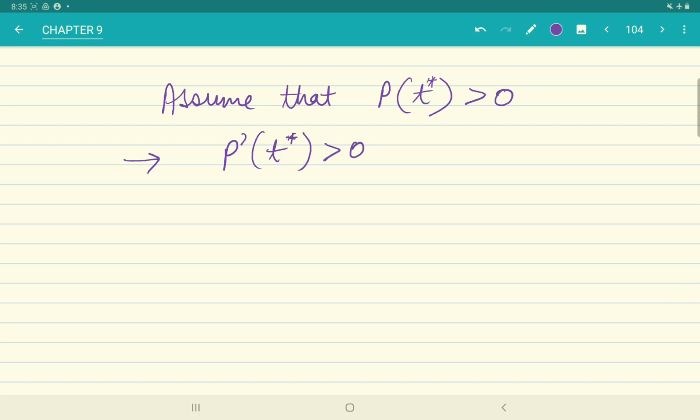Now, that just means if you take a look at P prime T star, the current market value is increasing as we go on in time.